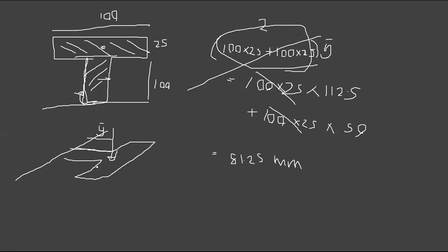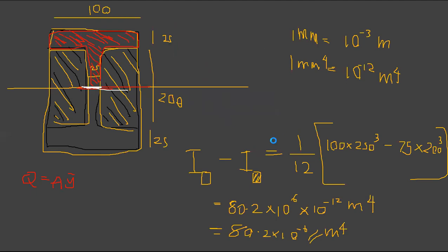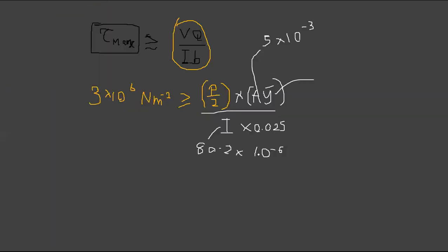Right, so that's going to be 5 into 10 to the power minus 3. So y bar is what? 81.25. So that's going to be 0.08125 meters, right?